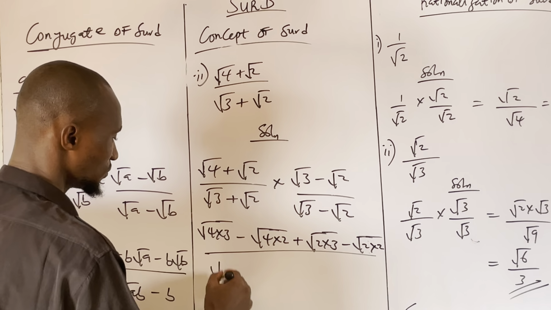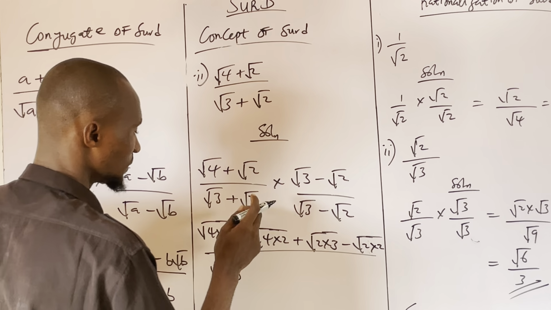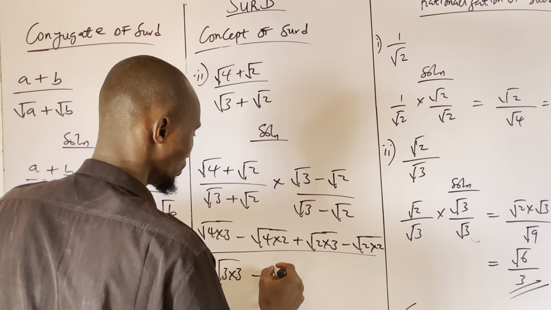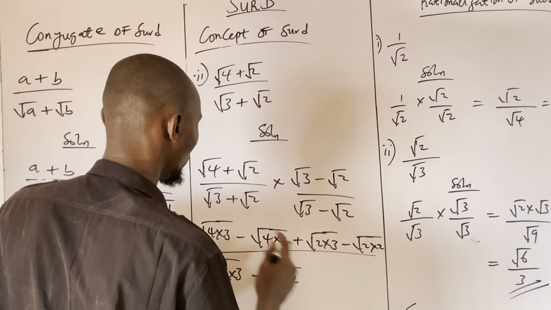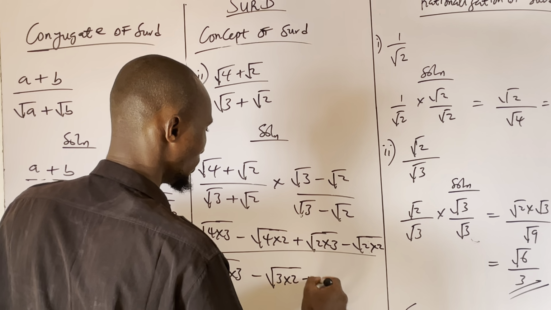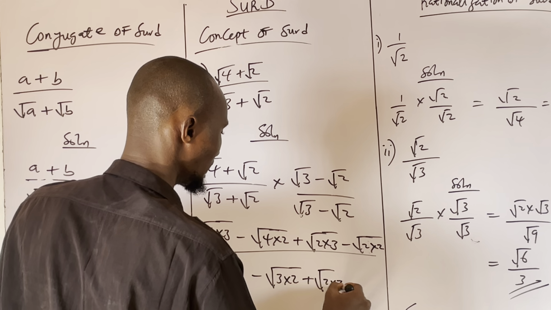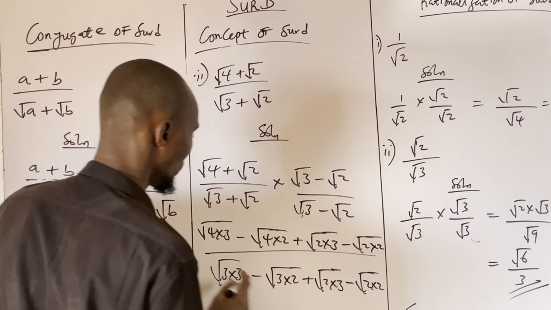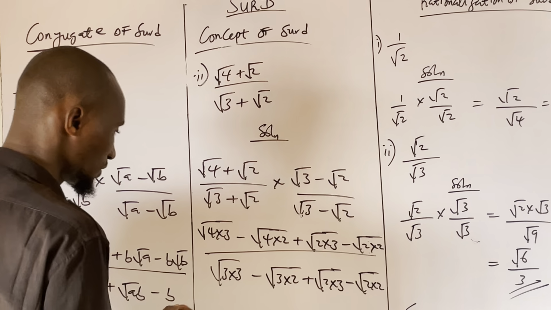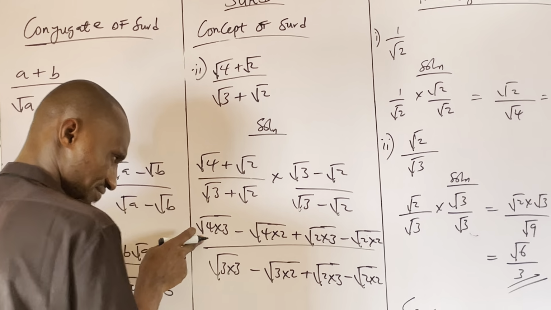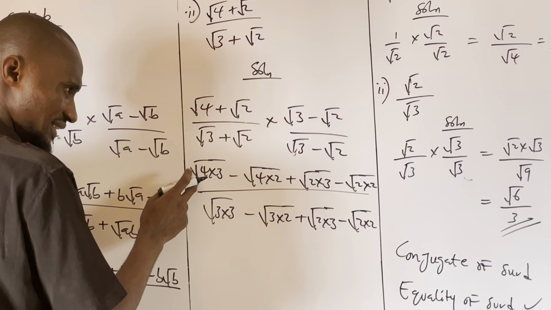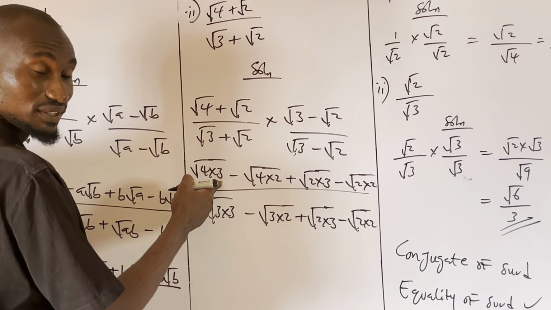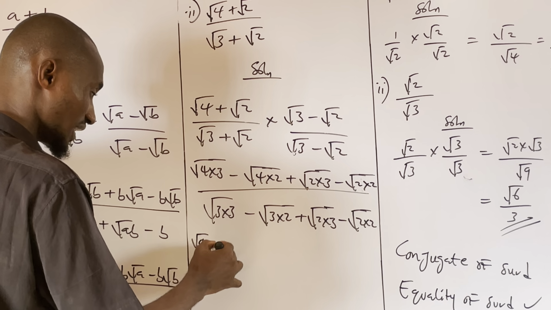This times this will give us root 3 minus root 3 times 2, plus root 2 times 3, minus root 2 times 2. So this thing now will give us what? This is the same thing with root 4 times root 3.